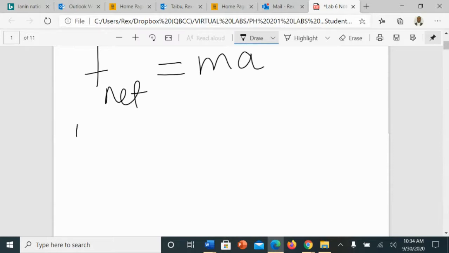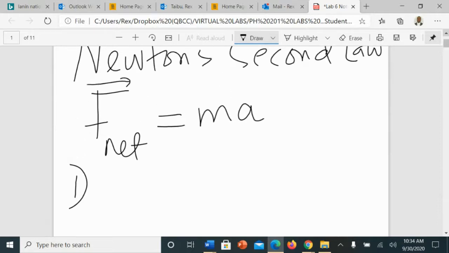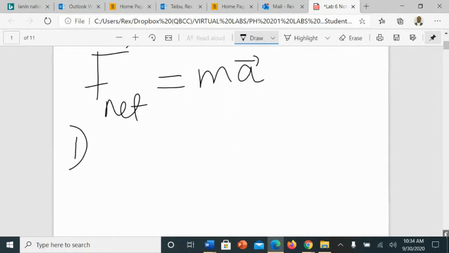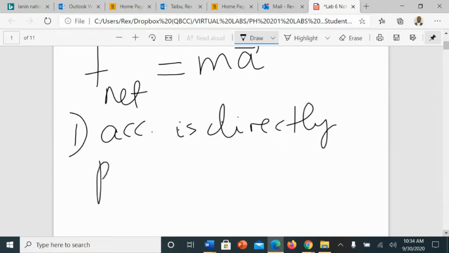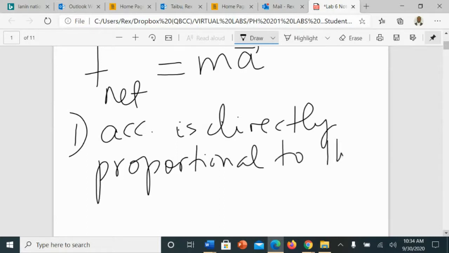What does this mean? There are important ideas here. Acceleration and force are actually vectors. There are three meanings from the formula. Number one is that acceleration is directly proportional to the net force.